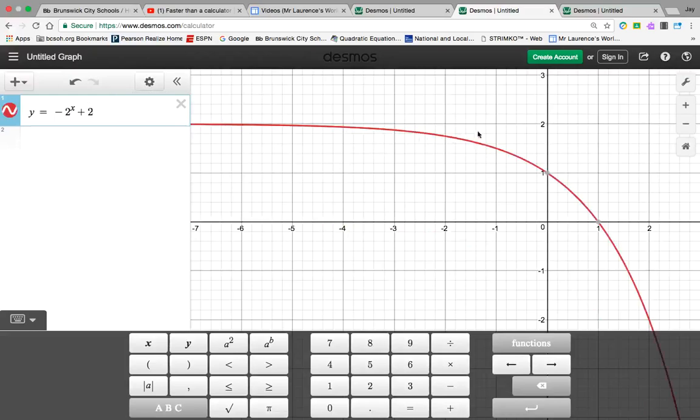See, the asymptote is still at f of x equals 2, or y equals 2. It's approaching 2, but it's approaching it from the bottom, from underneath. So the domain would be all real numbers. The range would be all real numbers such that f of x is less than 2, because it's approaching it from underneath. So all the y values for the graph are below 2.